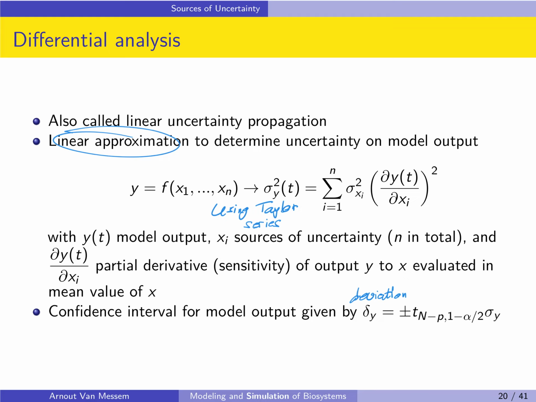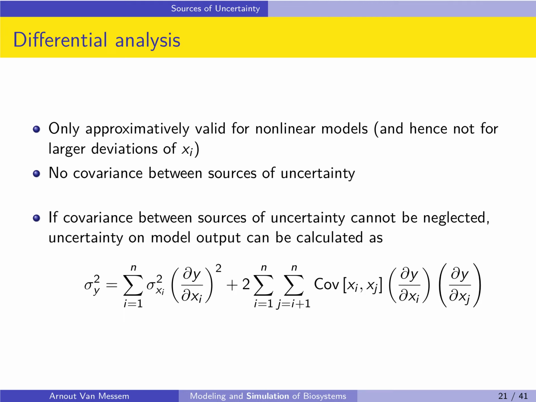This deviation will be equal to a quantile of a t distribution with a certain degrees of freedom times the calculated standard deviation. So your confidence interval will be y bar plus or minus delta y. Since our calculation uses a linear approximation through a Taylor series, this calculation is only approximately valid for nonlinear models.